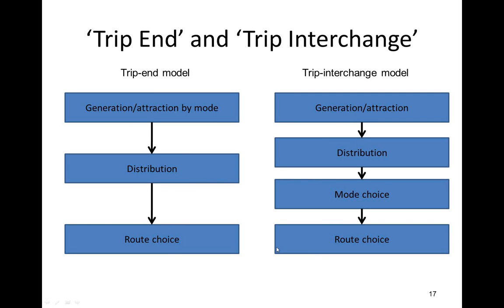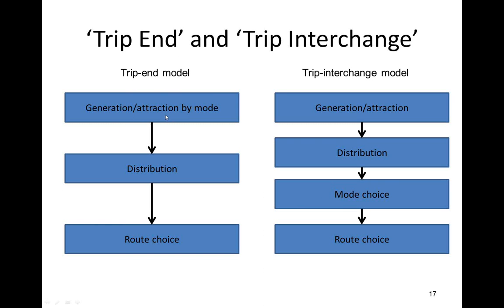Now there are two main variations of the four-step model. The first one is the more simplified one called the trip end model. In the trip end model, we essentially skip the mode choice step and combine it with generation and attraction.